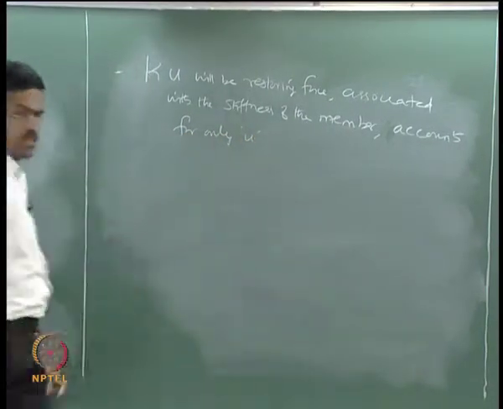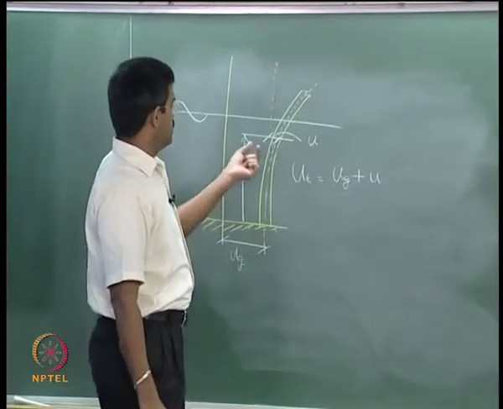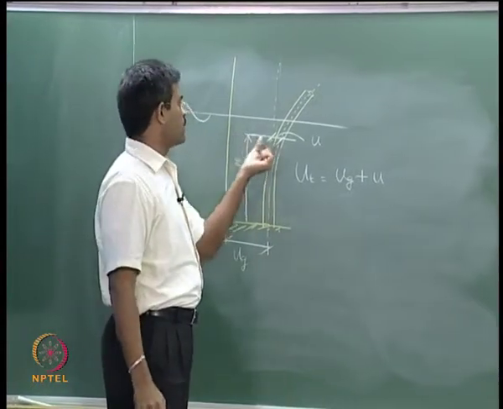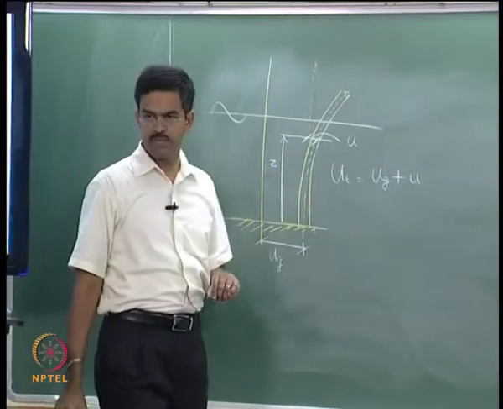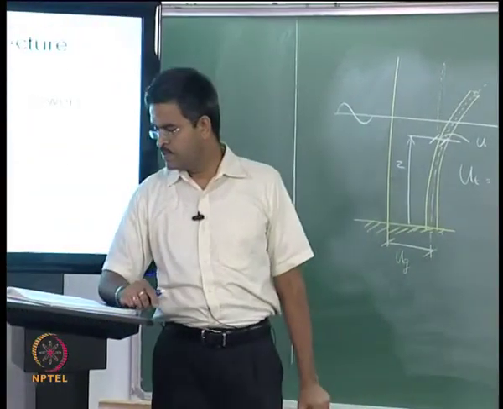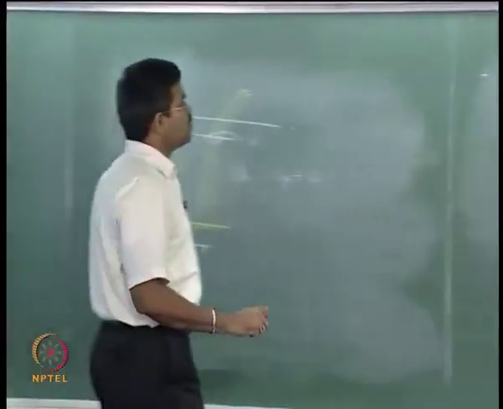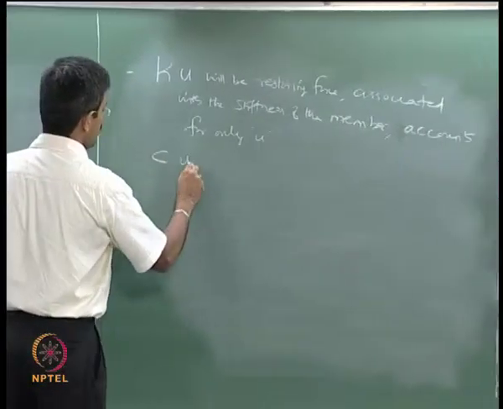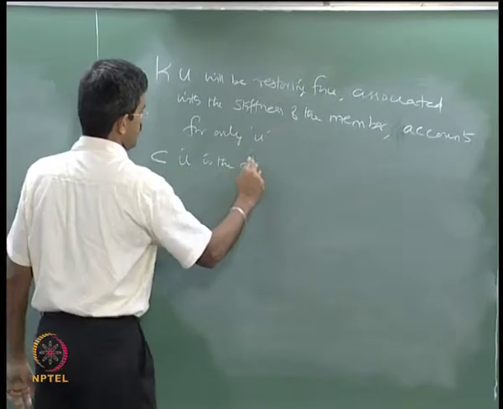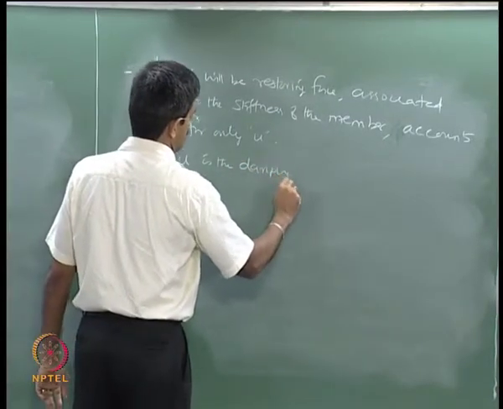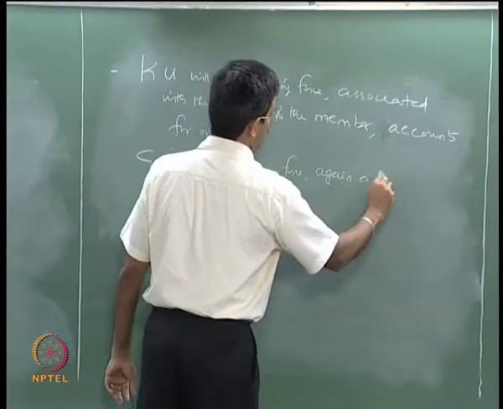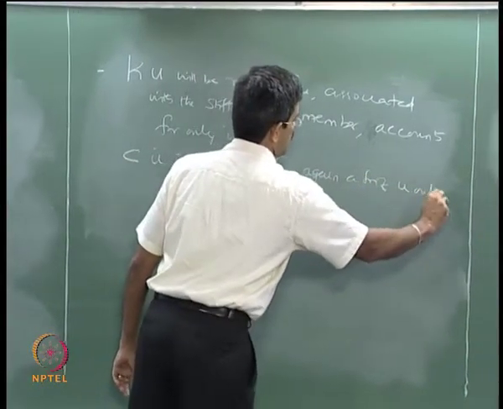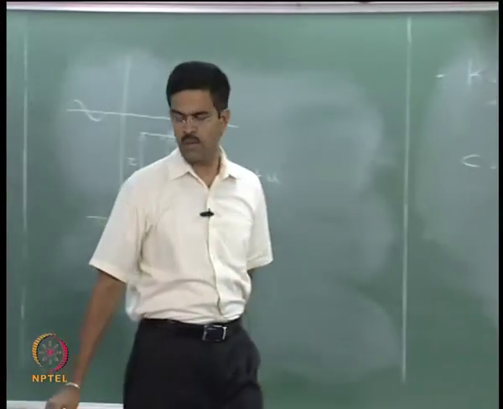Okay, be careful, it is not ug, it is the stiffness of the member only for the displacement u. ug plays no role in stiffness. And of course C u dot is the damping force. Again a function of u only.